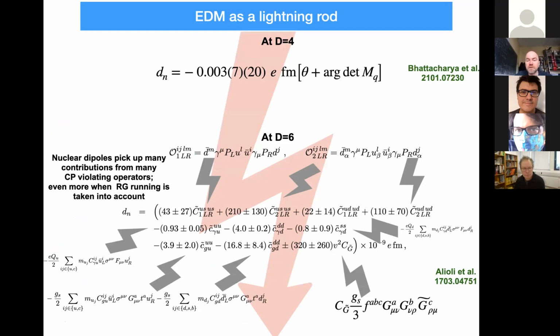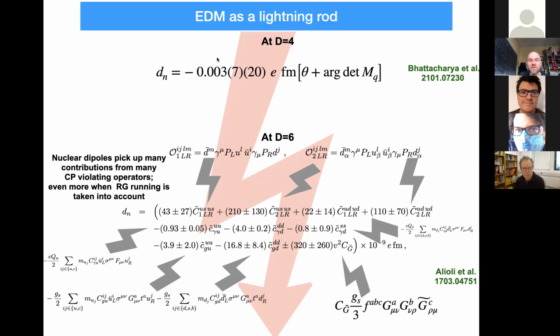The point is that there are many operators in the SMEFT Lagrangian that will contribute to this observable. So if you calculate the electric dipole moment of a neutron from the SMEFT Lagrangian, then first you have a contribution at d equals 4, which is quite a shame, because we don't know what it is.